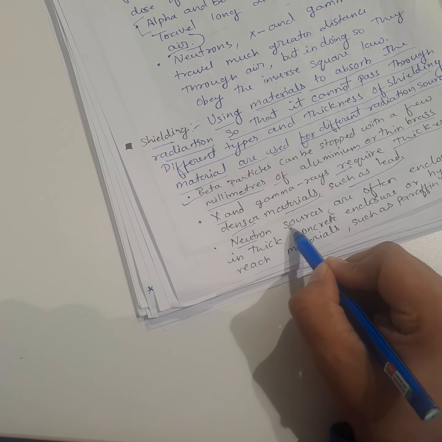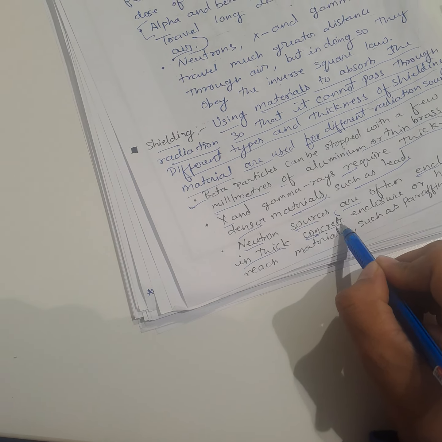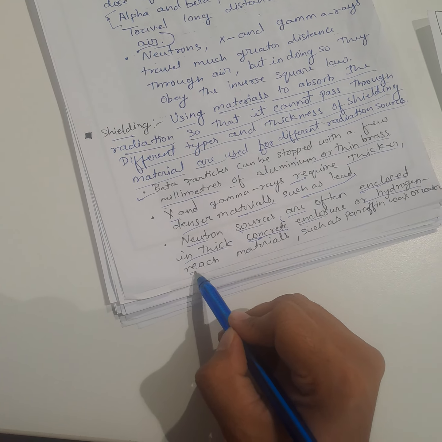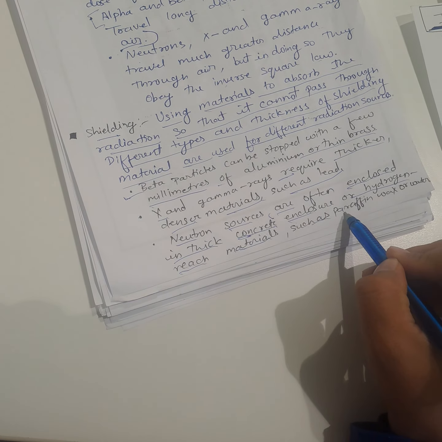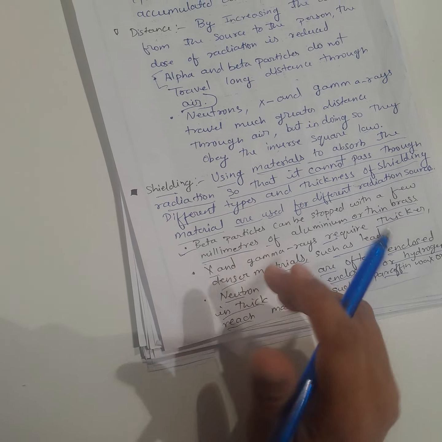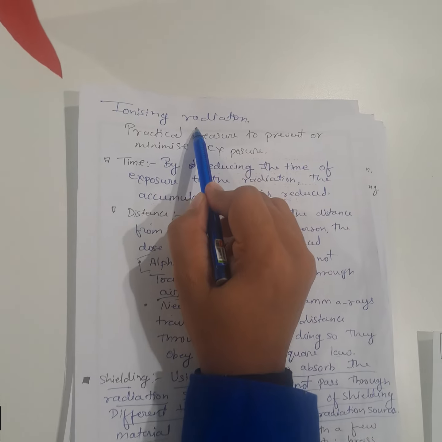Neutron sources are often enclosed in thick concrete or hydrogen-rich materials such as paraffin wax or water. So these are all the preventive measures for ionizing radiation.